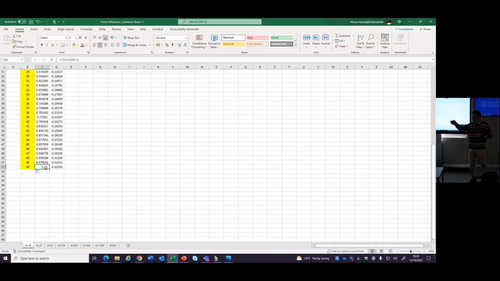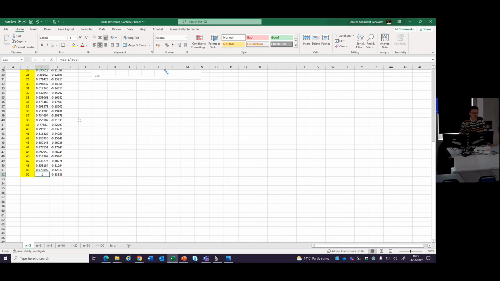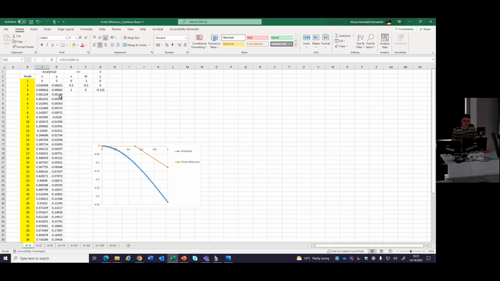So I can just assume P is 1, L is 1, E is 1, whatever is 1. I'm using only the coefficient. So if you come up with a solution, just put PL^3 over EI and multiply everything by that. That's why I'm assuming L equal to 1.